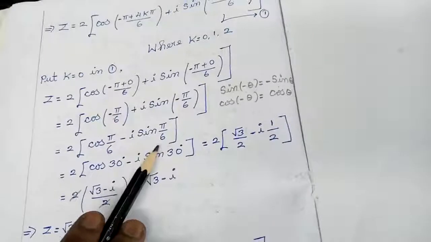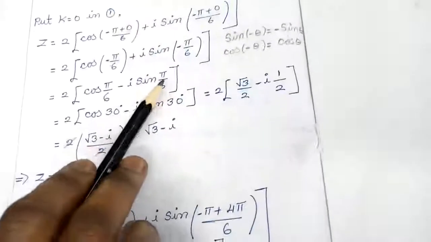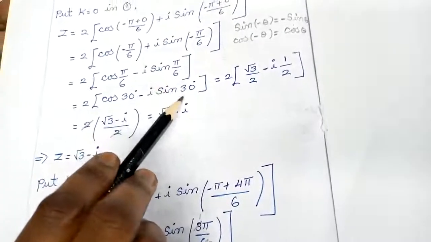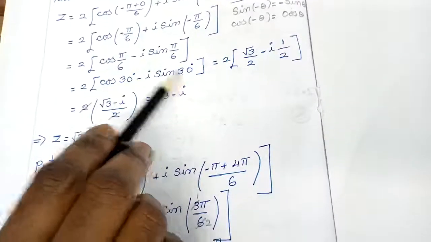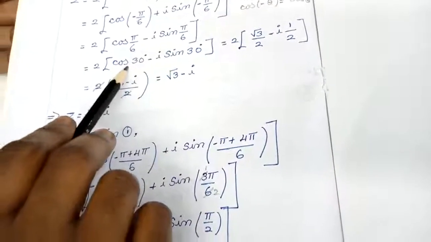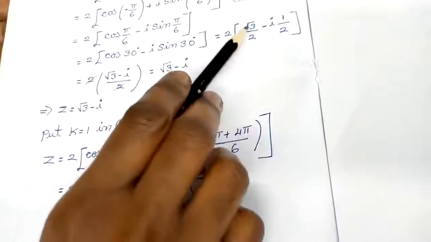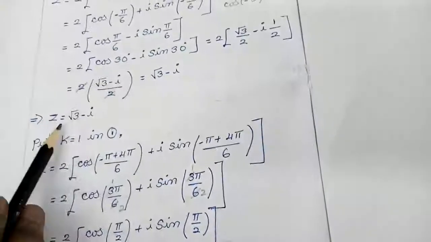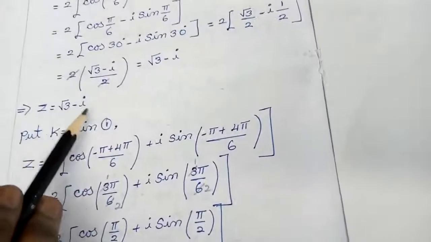Instead of theta, you are having the value as pi by 6. Pi by 6 is nothing but 180 divided by 6 is 30 degree. Just for your understanding, I'm writing the value like this. Cos 30, sin 30, replace the value root 3 by 2, 1 by 2. After replacing, simplify the term, you will get the answer like this. That is z equal to root 3 minus i.